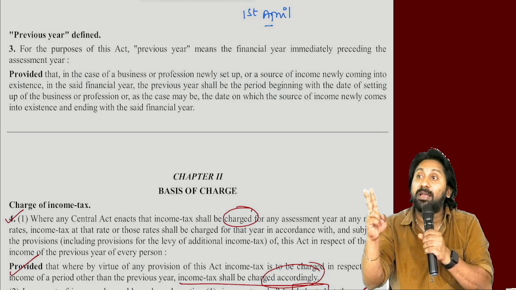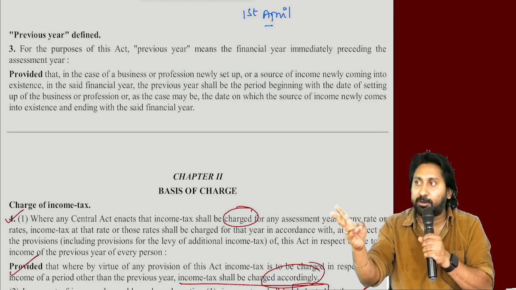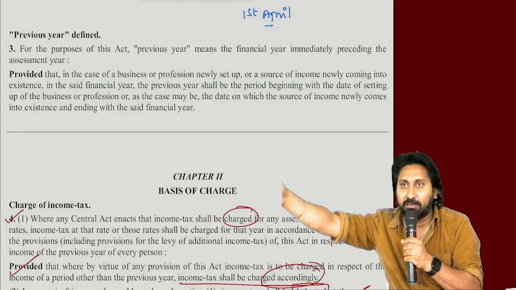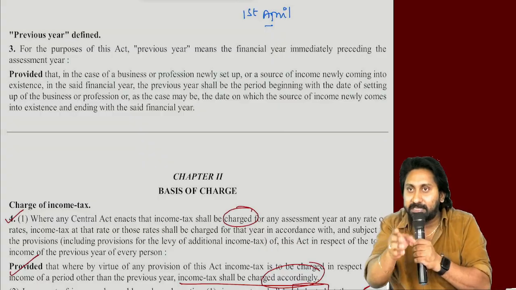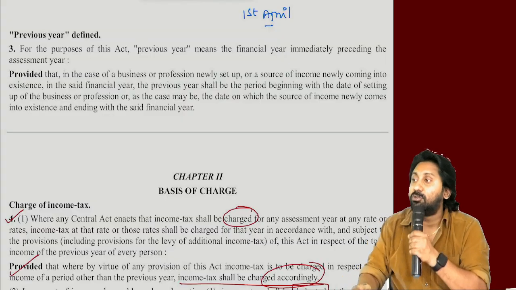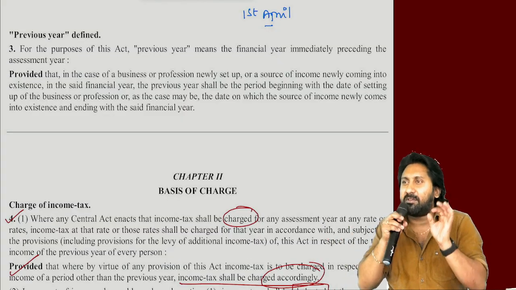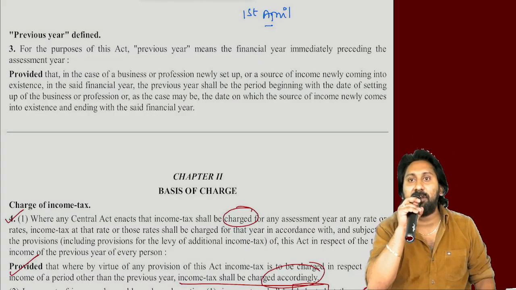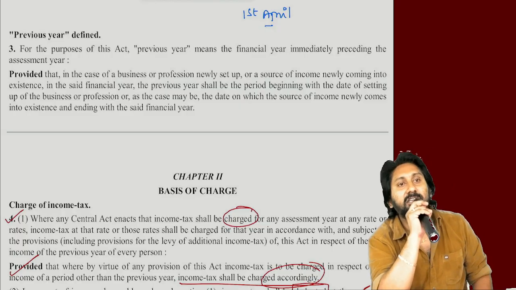With respect to my teaching profession, for that income, it is 1st April to 31st March. But with respect to the business, it is only from 23rd of August to 31st March of next year. Did you now understand the point clearly?